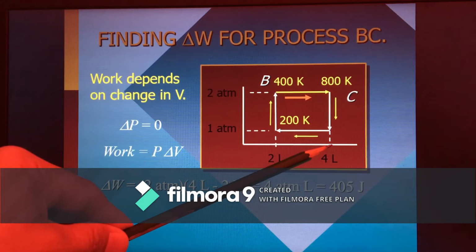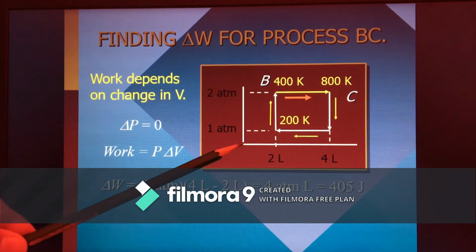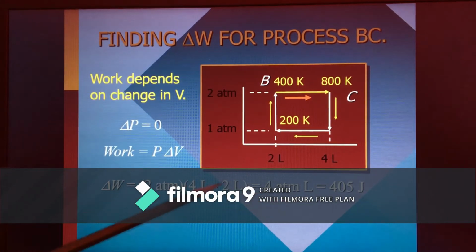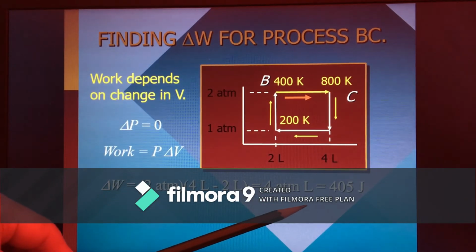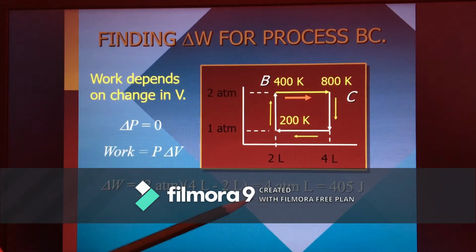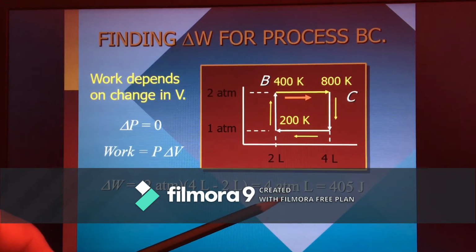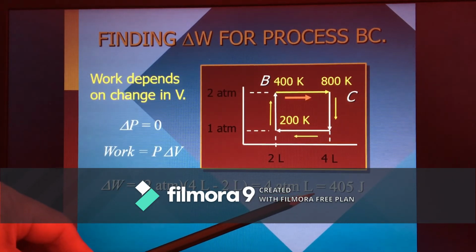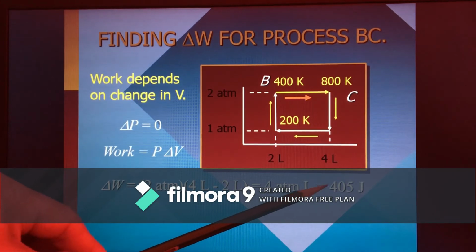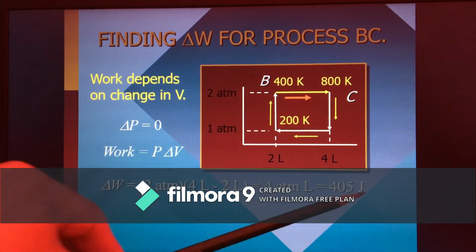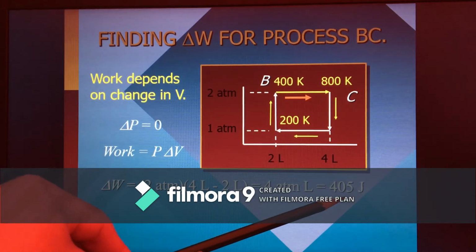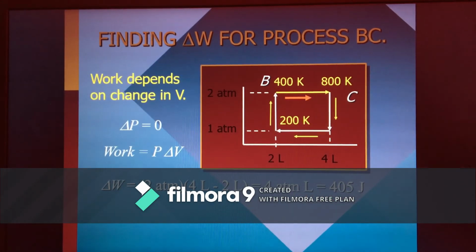So 4 minus 2 is 2 liters. So 2 times 2 gives us 4 atm L, the product of atmosphere and volume in liters, which we convert to joules. Therefore the change of work is equivalent to 405 joules.